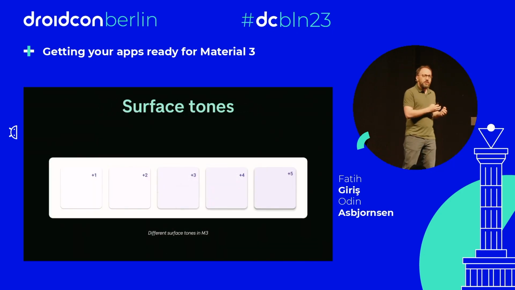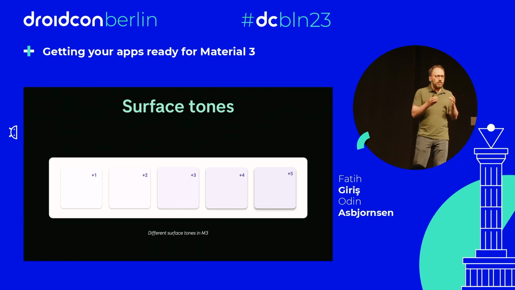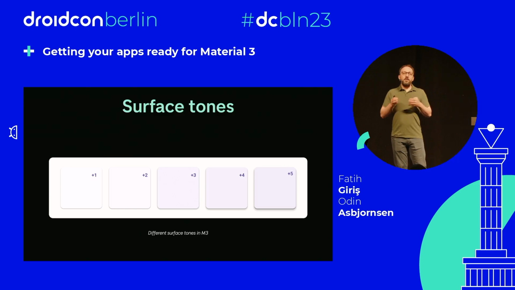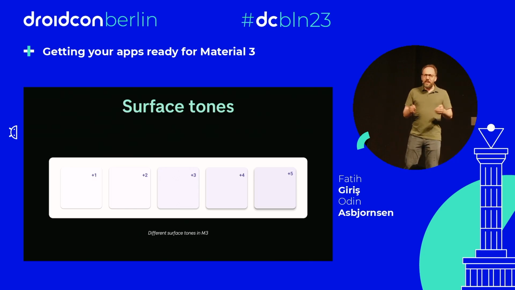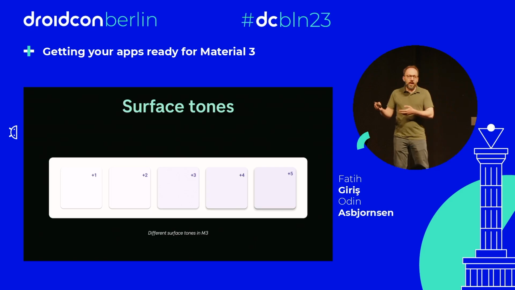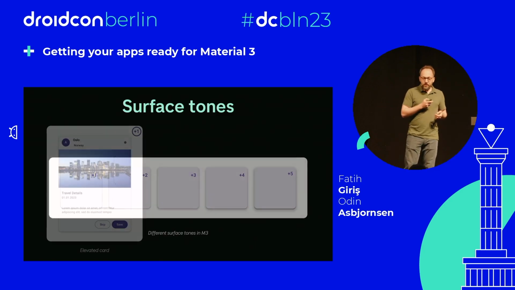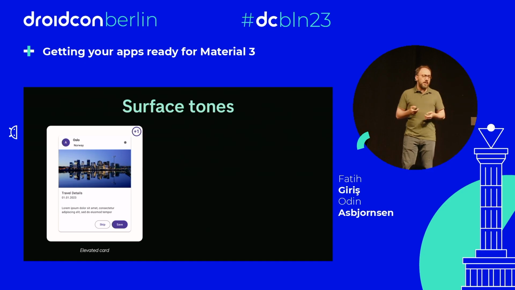But how does it create that? In Material 3, there is something called surface tones. All the components are using the surface tones. And there are 5 different surface tones. And those surface tones are basically the surface color. And on top of that, some tone of the primary color is applied. As you can see here, as an example, we have the elevated card.